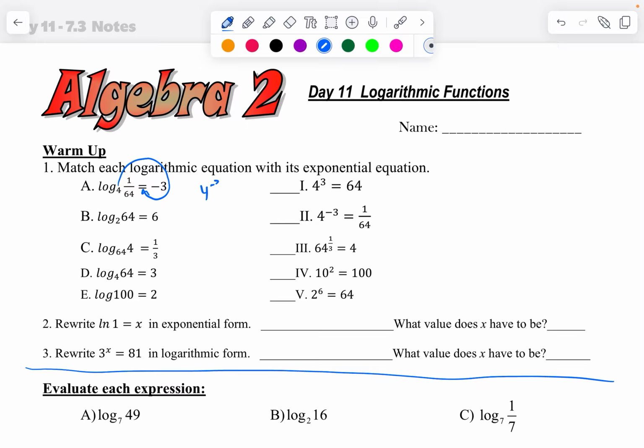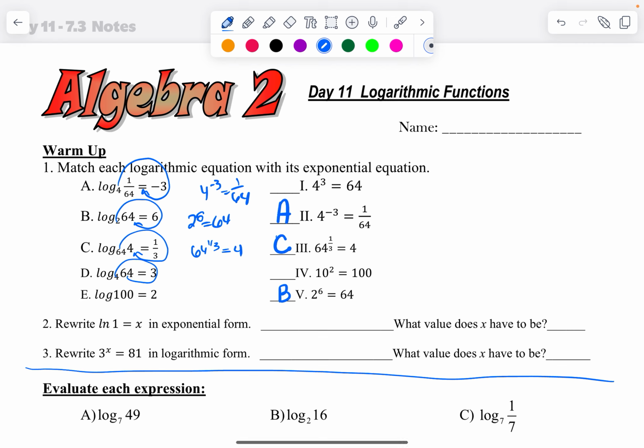So you have 4 to the negative 3 equals 1 over 64, and that is number 2. And then you have 2 to the 6 equals 64, and that is B. And then we swoop around. We have 64 to the 1/3 equals 4, and that one is 3.